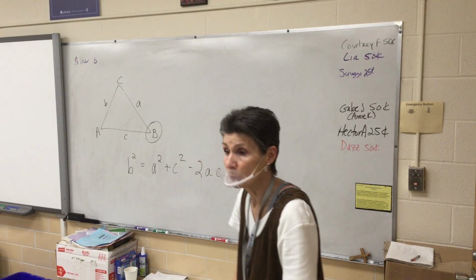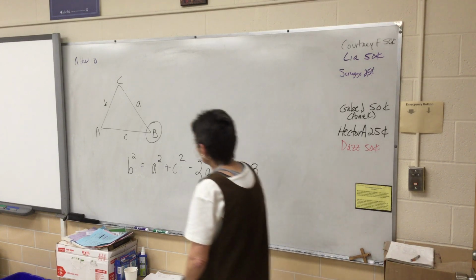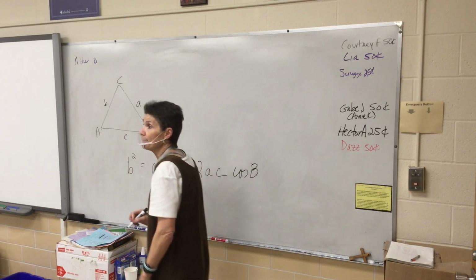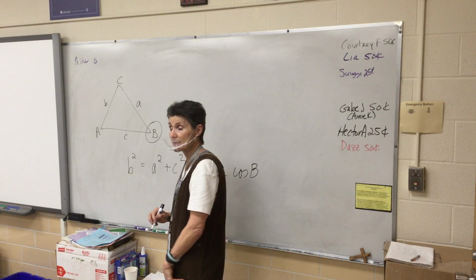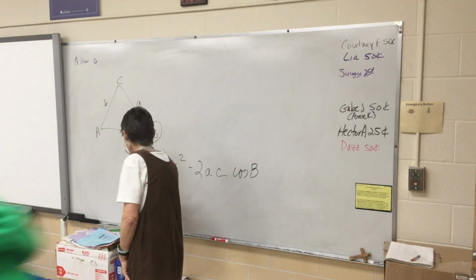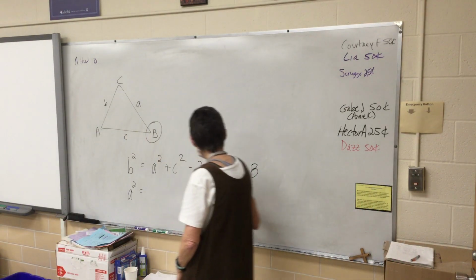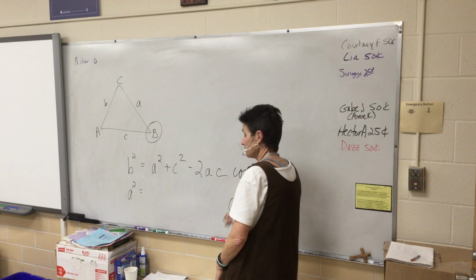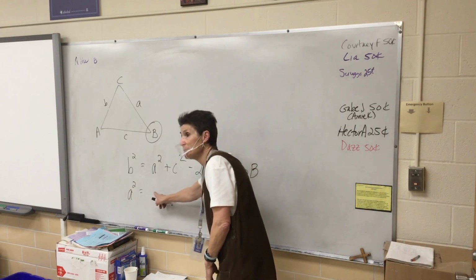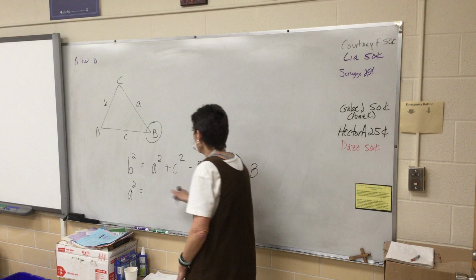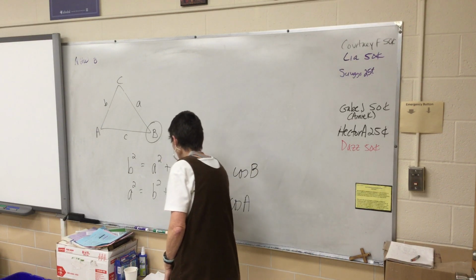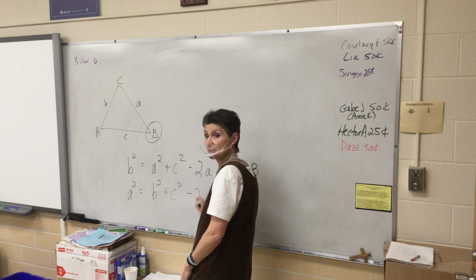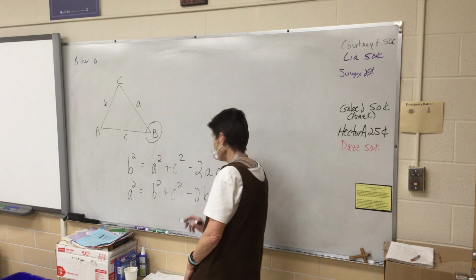That's how it works. So, let's suppose I want to use angle A. What would it look like if I were using angle A? Well, this would be A squared, right? And out here would be cosine A. Now, what would be in the middle? B squared plus C squared minus 2BC.